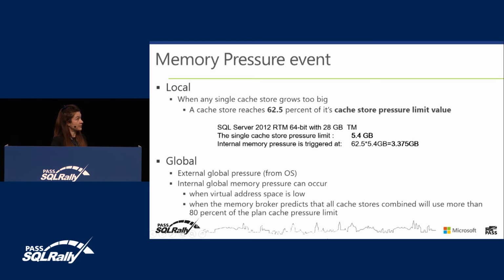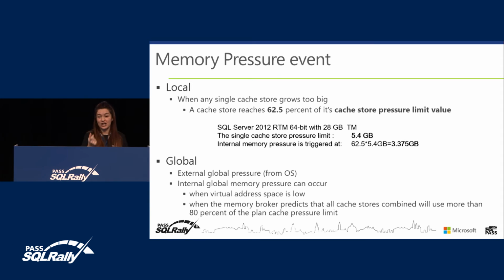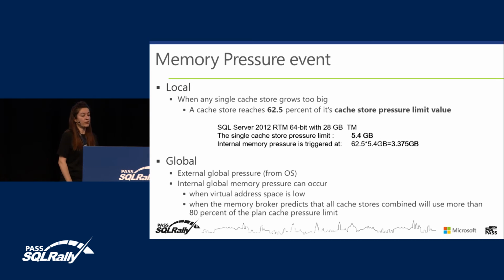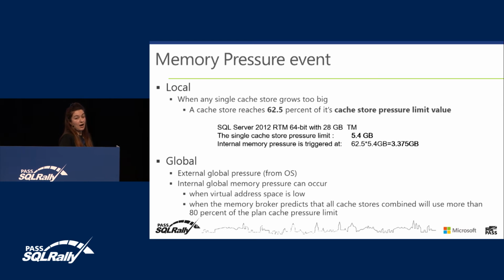When you get 62.5% of this cache store pressure limit, meaning when your particular cache store reaches, in this example, 3.375 gigs, then it will raise the local memory pressure event because of the growth of this particular cache store.